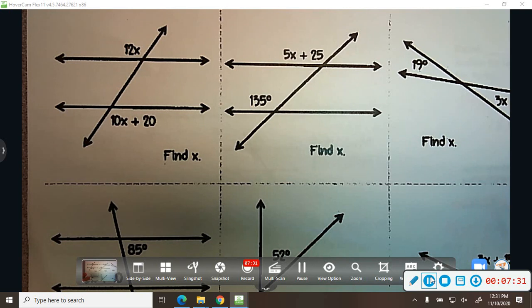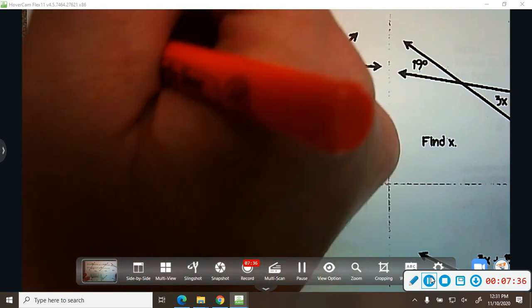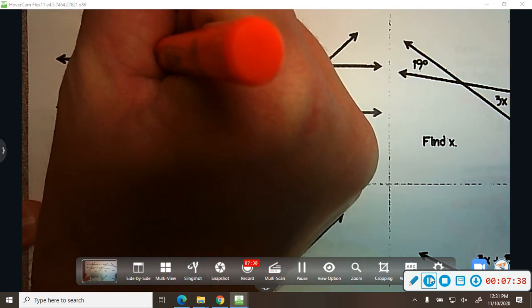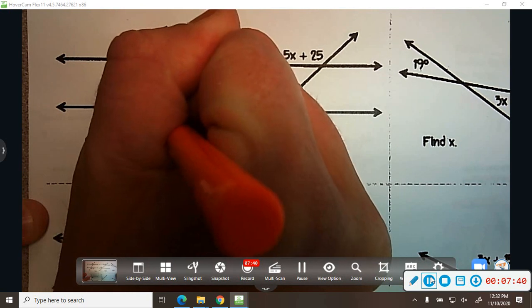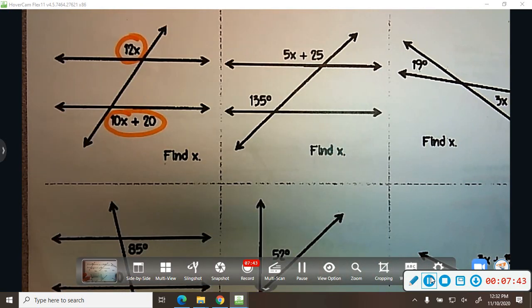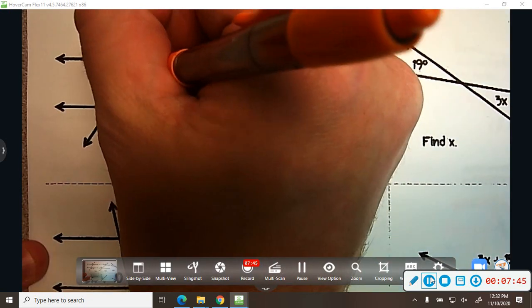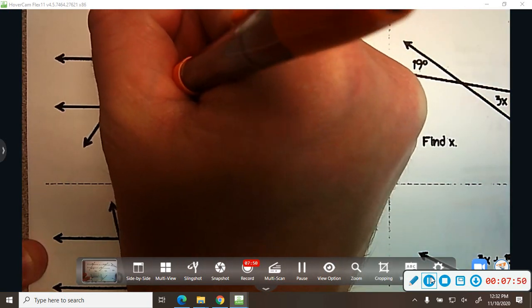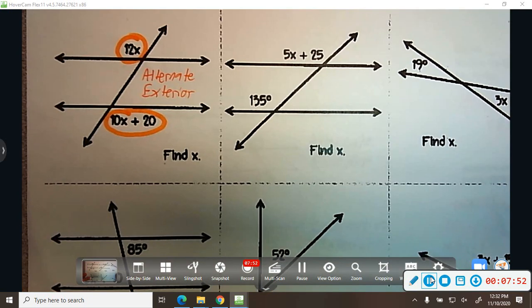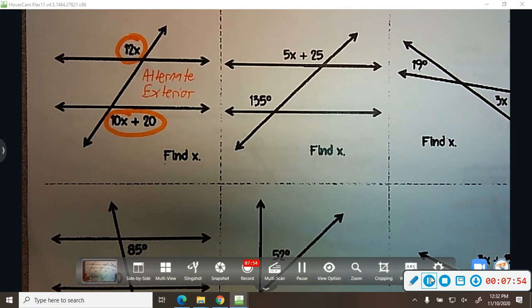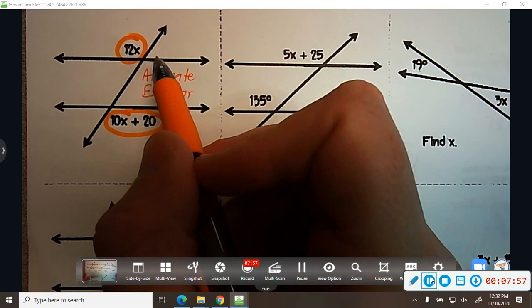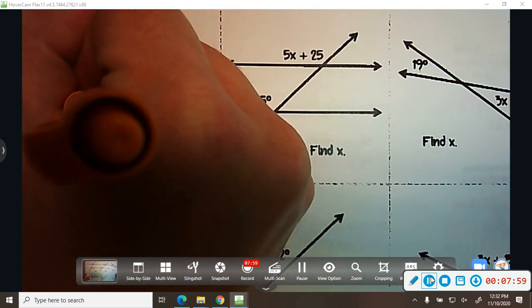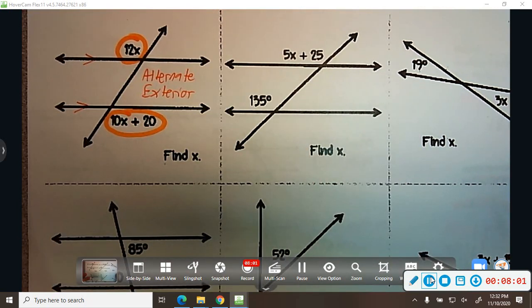Alright, next we have algebra mixed with geometry. So I have 12x, I have 10x plus 20. We know that these are called alternate exterior. And if you look at the alternate exterior angles theorem, it says, and you have to assume that these lines are parallel, otherwise you don't know. So let's assume that they meant to tell us that they were parallel.